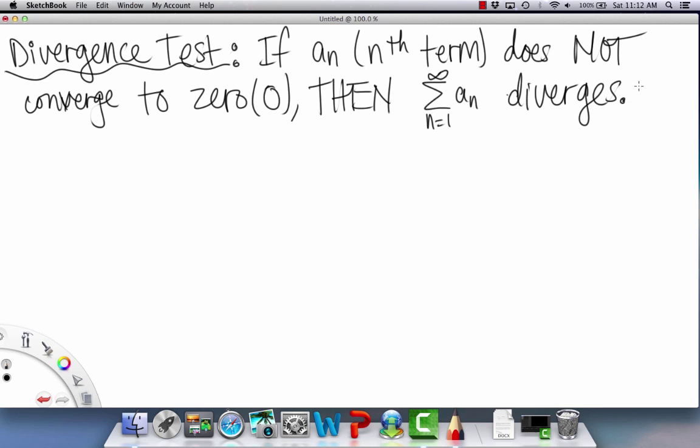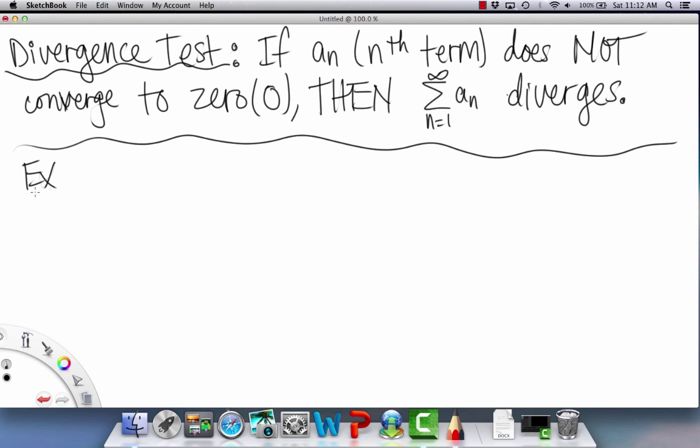So we can use this. It's kind of just a statement, and then here's how you would apply it to an example. Let's say we're given that S equals the infinite series, n equals 1 up to infinity, of n over 2n plus 3.